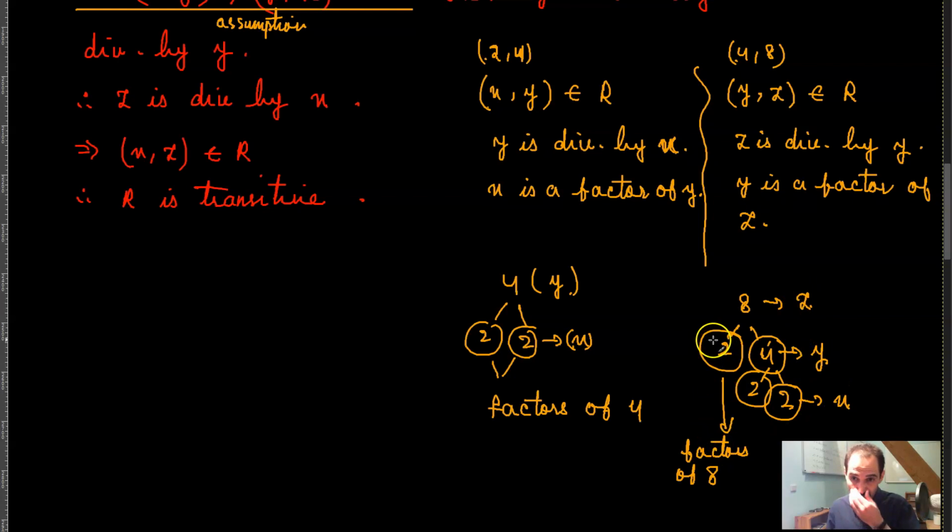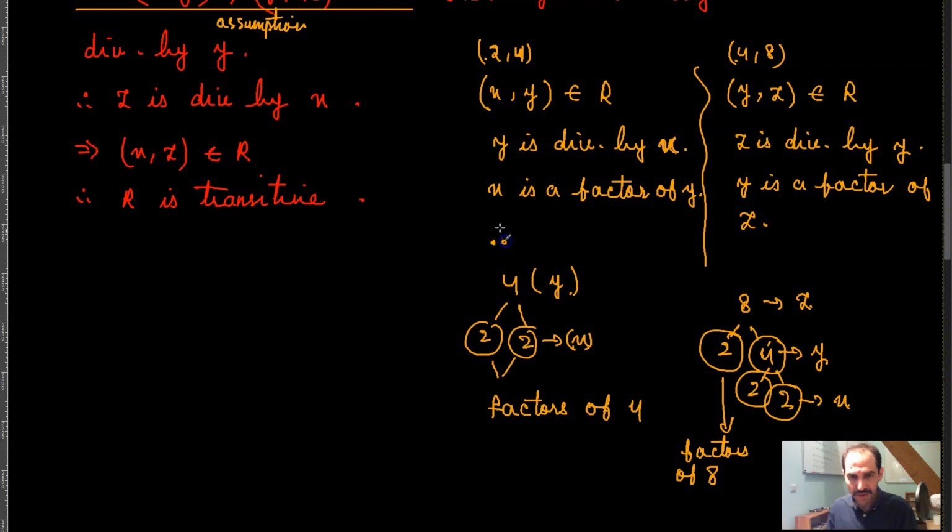So when I say that x is a factor of y, as you can see, x is a factor of y here, and when I say that y is a factor of z, as you can see, y is actually a factor of z here. What that means is that basically 2 is actually a factor of 8, or x is a factor of z.